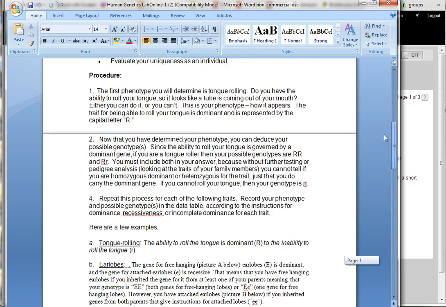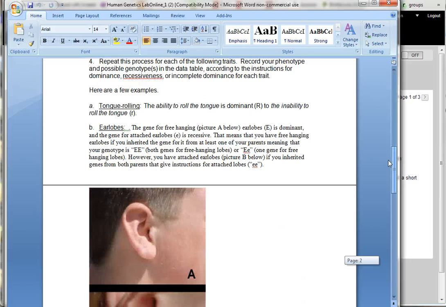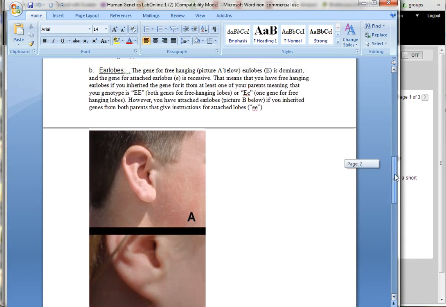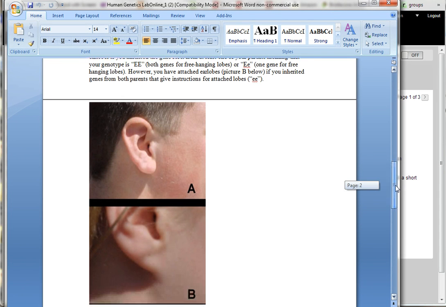They'll open up to the beginning, but it goes through each of the traits and talks about how you determine what you are, dominant or recessive. For example, let's look at earlobes. Attached earlobes is the bottom picture.